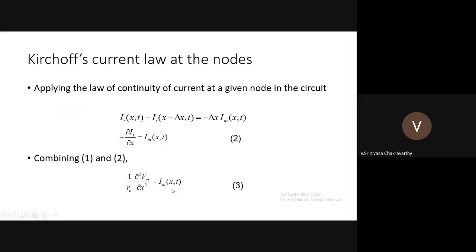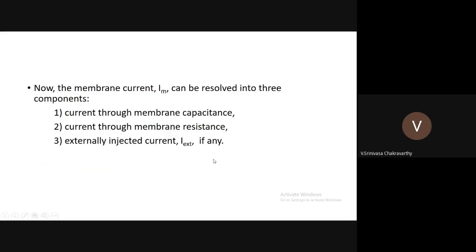That is the first thing. Then what is IM? We just said IM, but we haven't expanded it. IM has several components. There's some current going through the resistance RM, and some current going through the capacitance CM. So IM can be resolved into three components, the currents that go vertically across the cable, crossing the cable membrane.